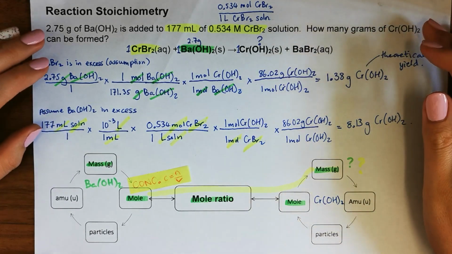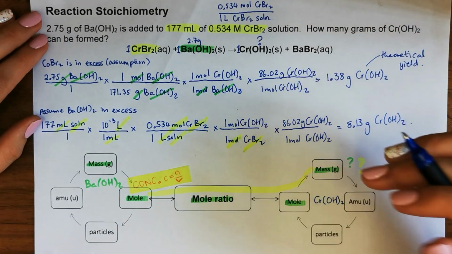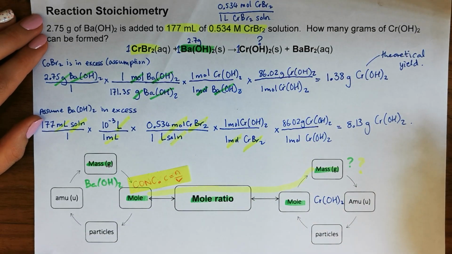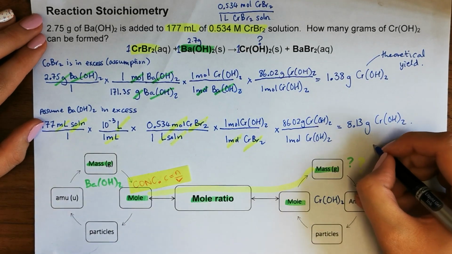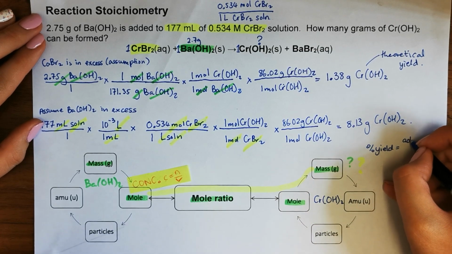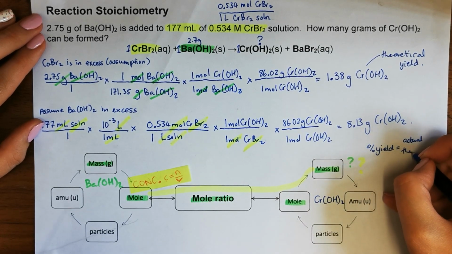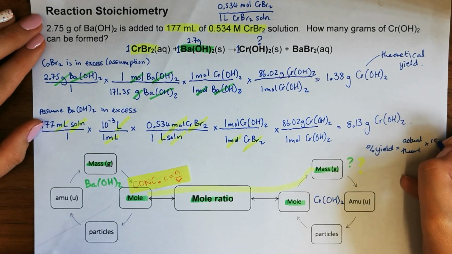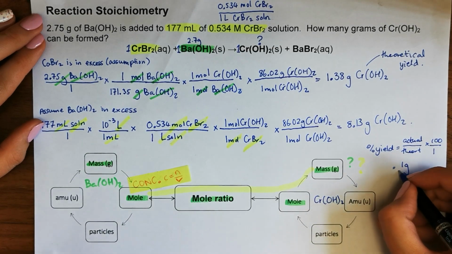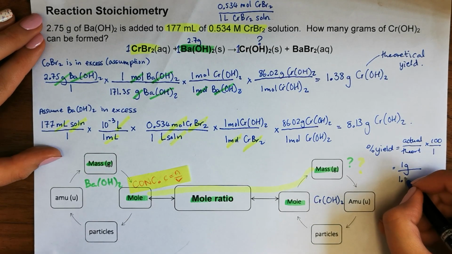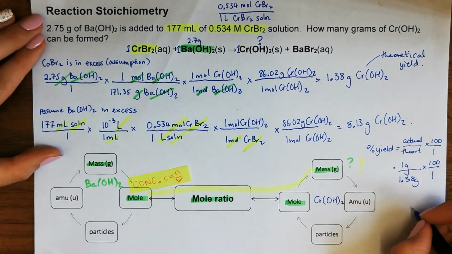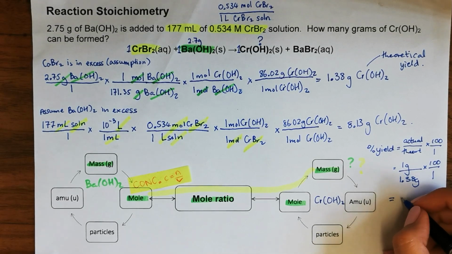So for example, if they had continued the question and said, what is the percentage yield if only 1 gram of chromium hydroxide was formed? We know that percentage yield is equal to actual over theoretical times 100 over 1. If the actual yield was 1 gram, the theoretical yield was 1.38 grams, times 100 over 1 would give us a final percentage yield.